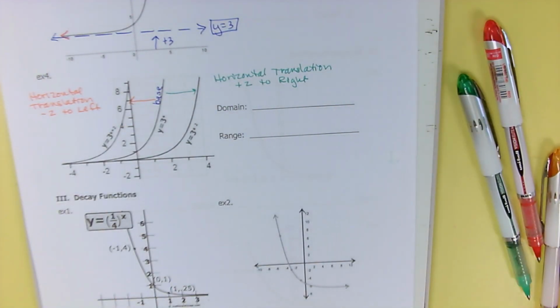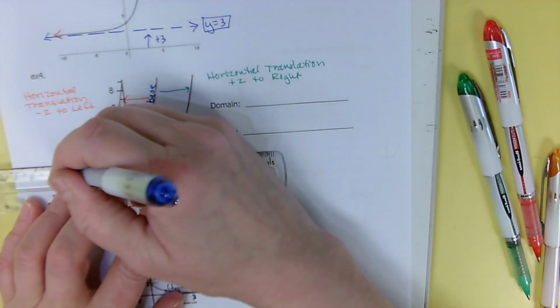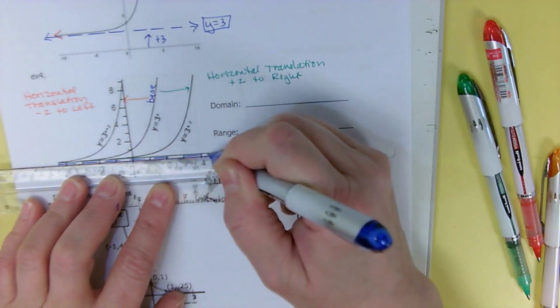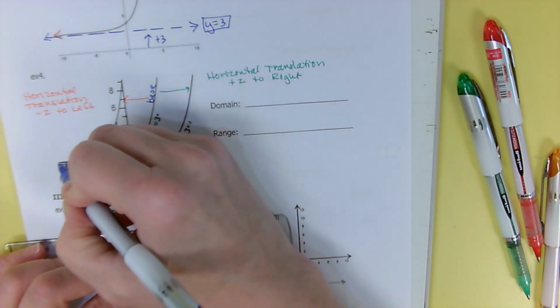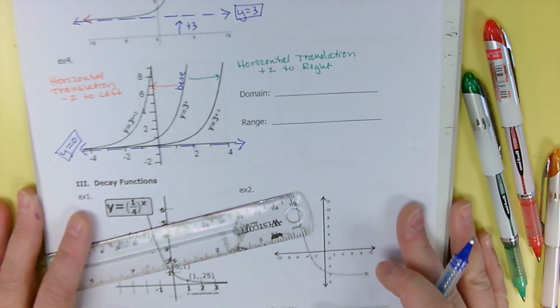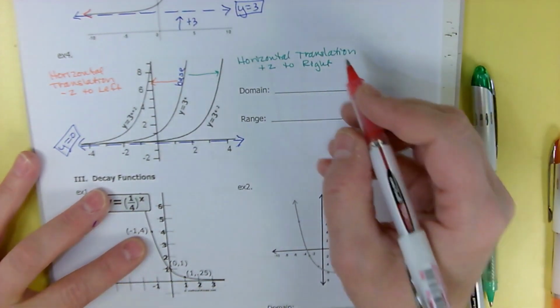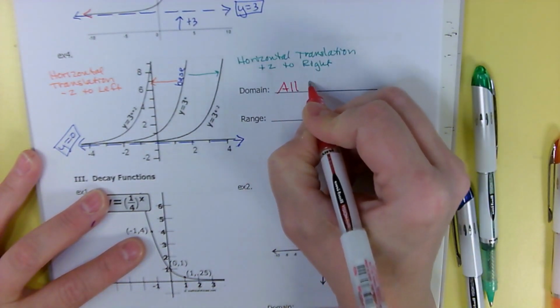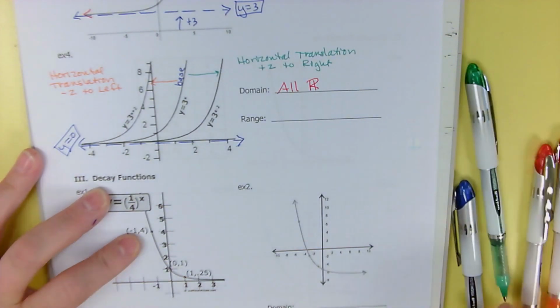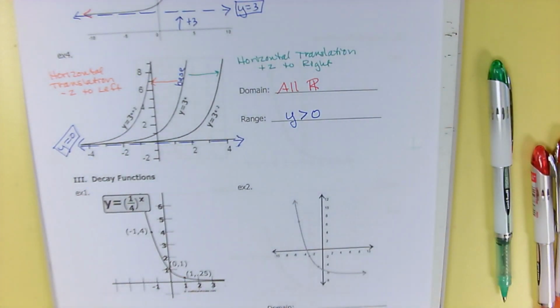Now, moving the curve left or right does not change the asymptote. You can tell they all still get infinitely close to y equals 0. So the translations left and right don't move the asymptote at all, which means you're going to have your standard domain, all real numbers, and your range is going to be your default y greater than 0.